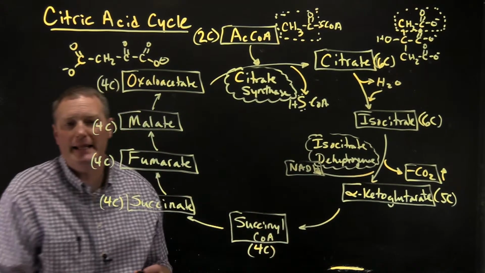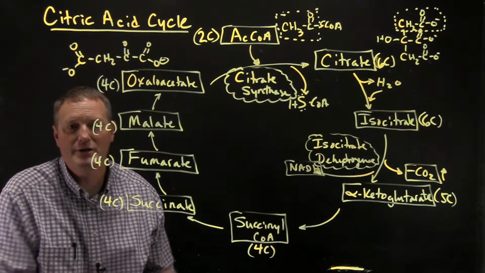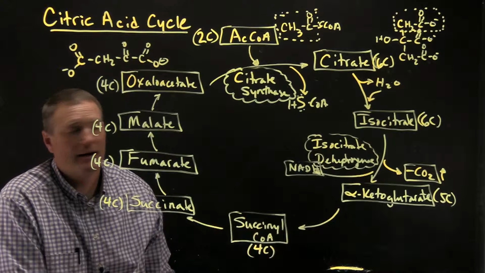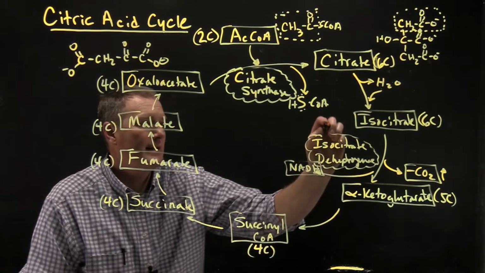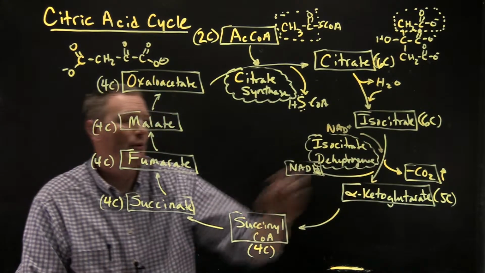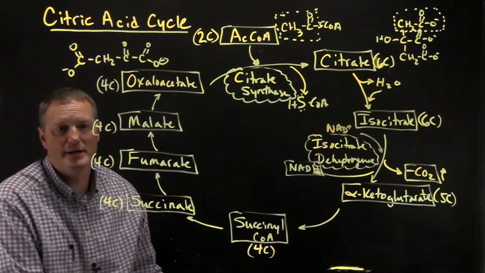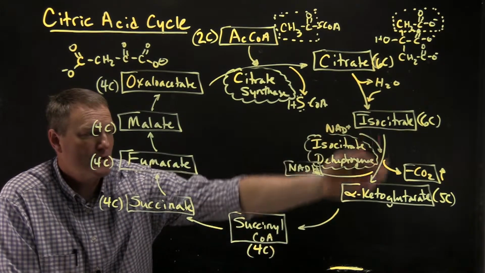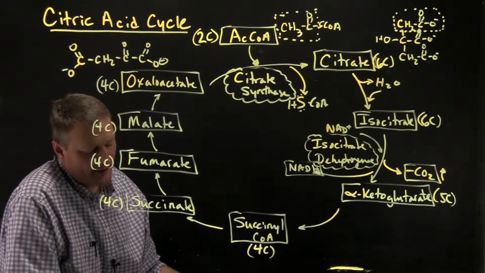You may recall that any enzyme that has the word dehydrogenase in its name typically is going to use the NAD cofactor. So we would have NAD+ going into this reaction, and then out would come NADH. So isocitrate dehydrogenase is basically going to chop down the 6-carbon isocitrate into the 5-carbon alpha-ketoglutarate.